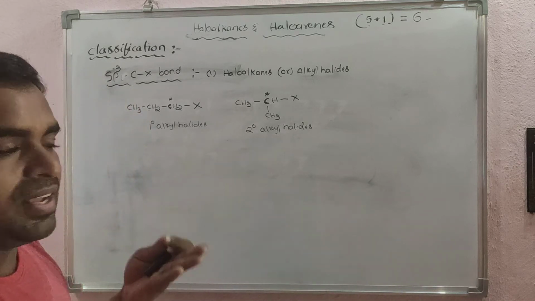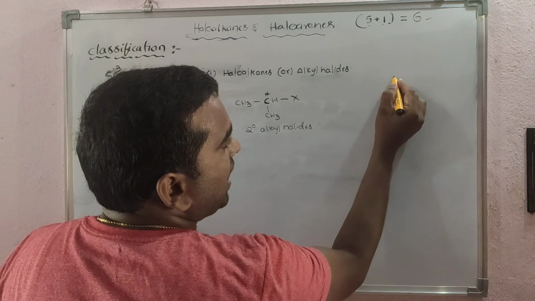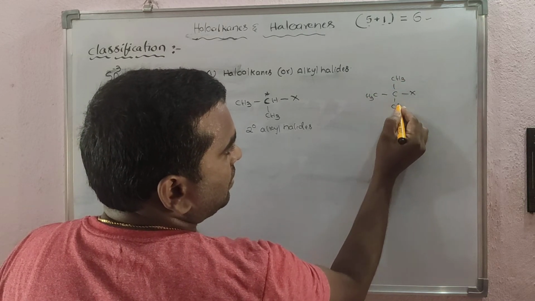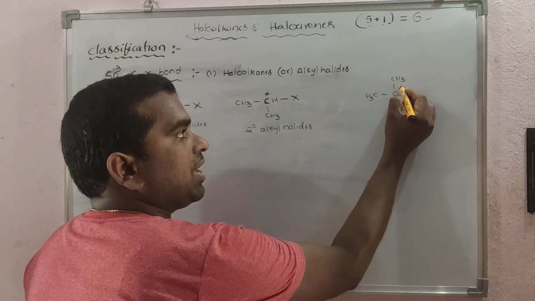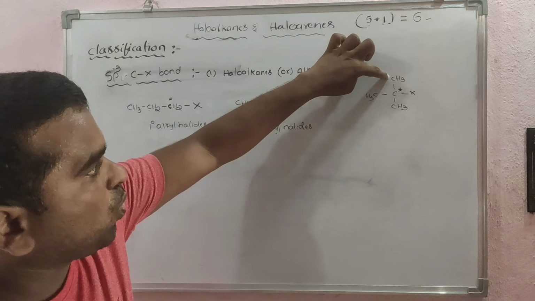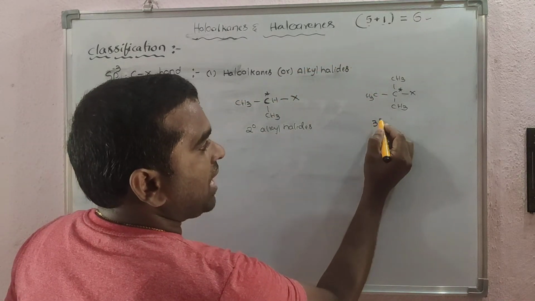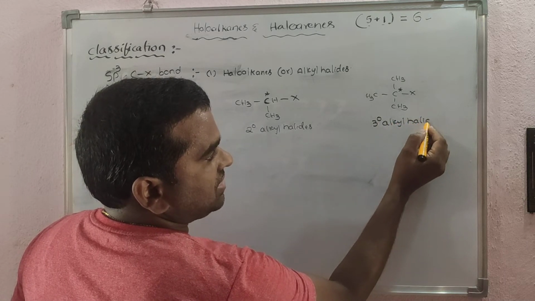Tertiary means what? 3 means the halogen attached carbon should attach to 3 carbon atoms. This is tertiary. See, this carbon is attached to how many carbons here? 1, 2, 3. So this we will call tertiary alkyl halides.